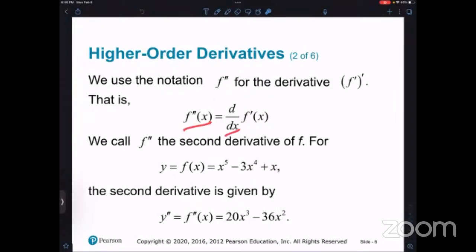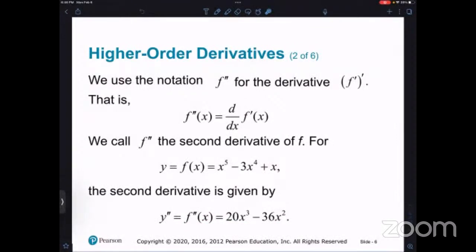We call f double prime the second derivative of f. For this y, we take the derivative once, we get an answer, then we take the derivative again on that answer. In this case, we got this result. This is called the second derivative of f. It's just a derivative of the derivative.